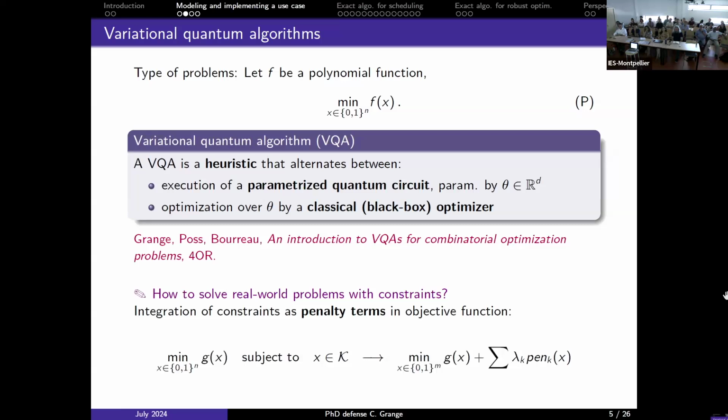But we know that because we are dealing with problems that are unconstrained, and because we want to solve real-world problems, a first natural question is how do we deal with constraints? Well, a common thing to do is to integrate the constraint in the objective function as penalty terms. So, for instance, if I have the initial problem, which is minimizing J subject to the constraint K, then for each constraint I will define a penalty function, and then I will integrate it in the objective function.